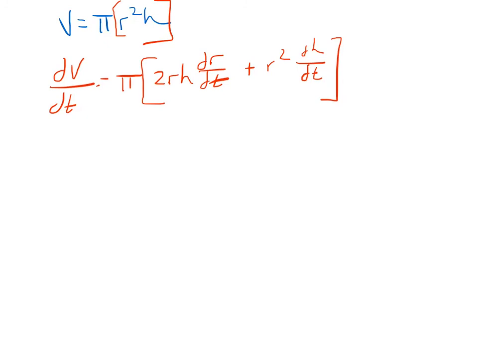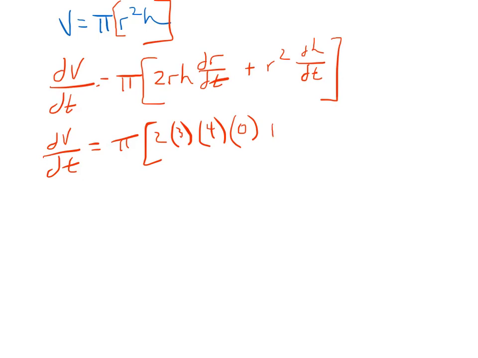Now I can start plugging in what I know. dv/dt is what I'm looking for. And so that's equal to pi times 2 times the r, which is 3 in my inventory. The h is 4. dr/dt, remember the radius is never changing in this problem, so this is a 0. Plus radius squared, so this would be 3 squared, times dh/dt, and from the inventory I know that that's 0.2.